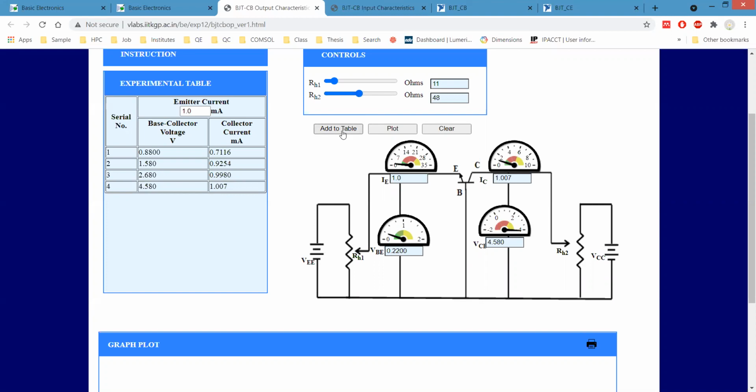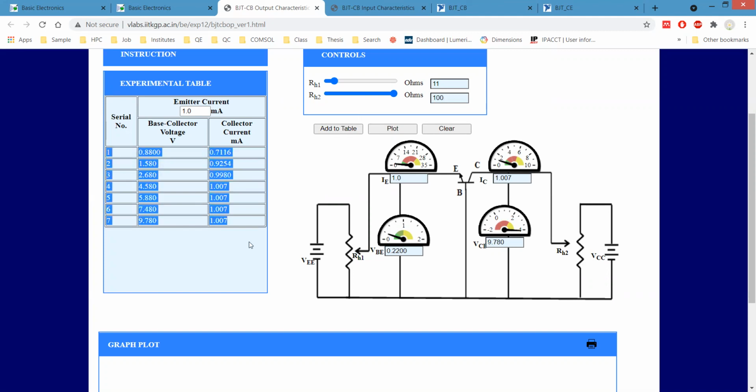We are increasing. For 4.5 volt of base collector junction potential, we have 1 milliamp current in the collector. And let's take another final value, 9.78 volt across the collector base junction, and we have only 1.007 milliamps.